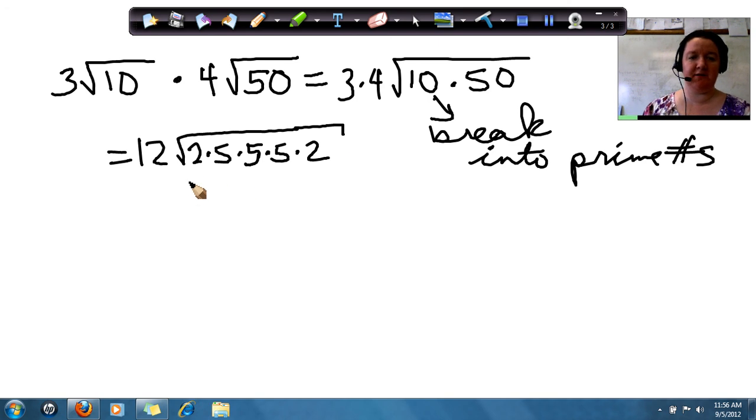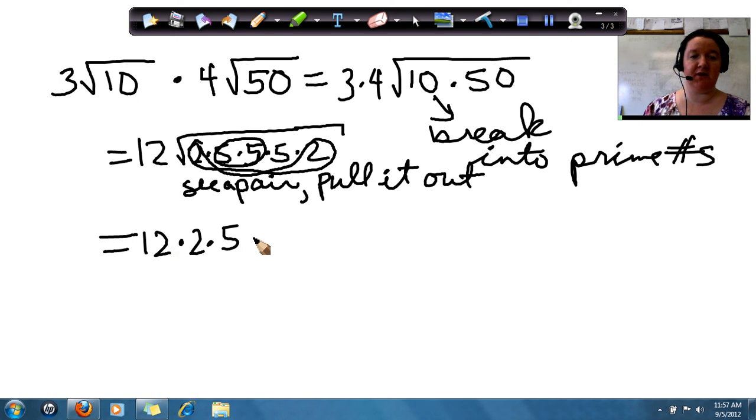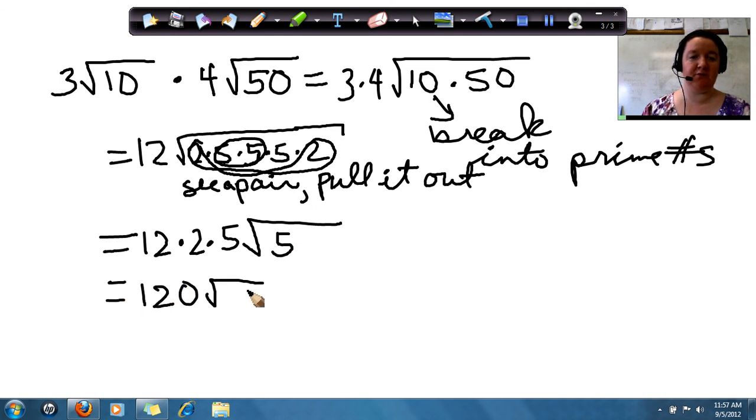So next we want to see a pair, pull it out, so I have a pair of 5's, and I have a pair of 2's. So now I have 12 times 2 times 5, and then I have the square root of 5, because this 5 didn't have a pair, so it's left behind. So I'm going to multiply these together, get 120 square root of 5. And that is as simplified as we can get.